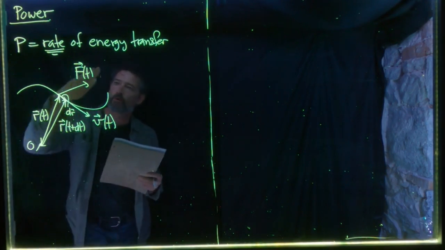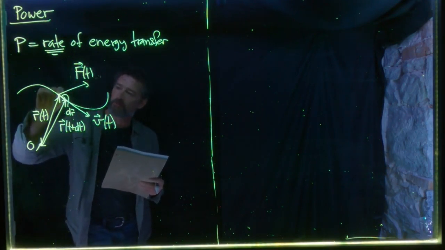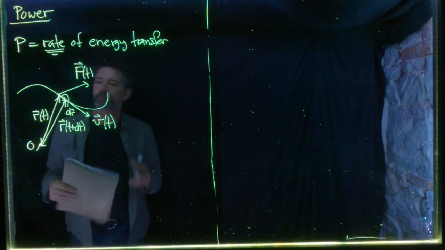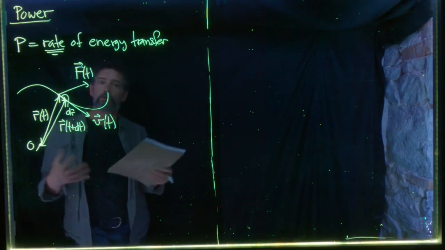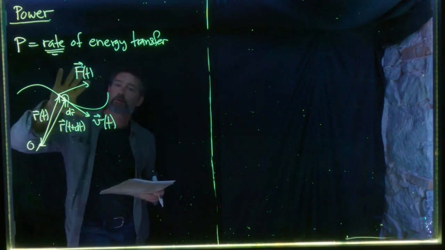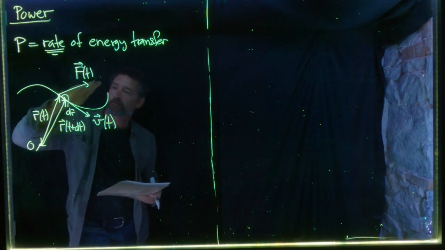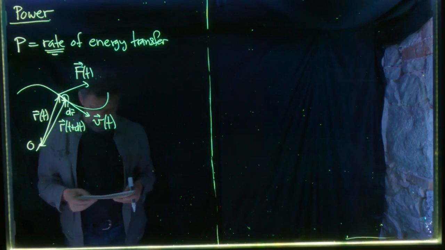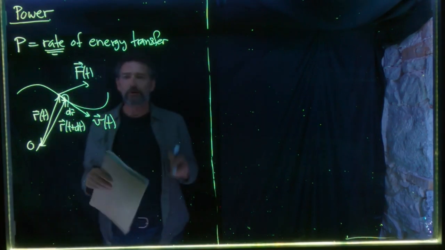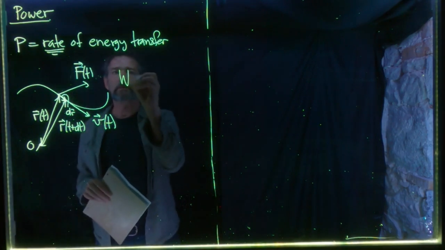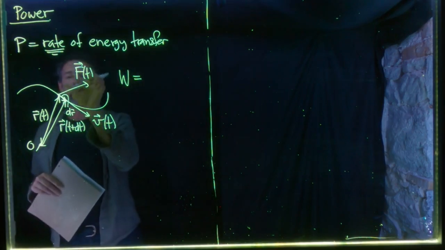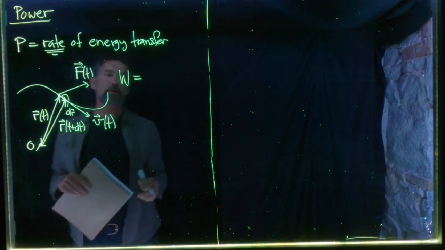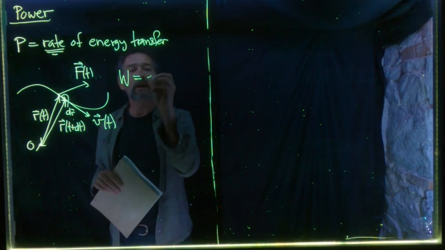And so this force acting over the small time interval dt will transfer energy according to our energy transfer formula, the work done, which is F dot dr. Okay, so W is the work done by the force F as it moves through displacement dr. It's also equal to the energy transfer.